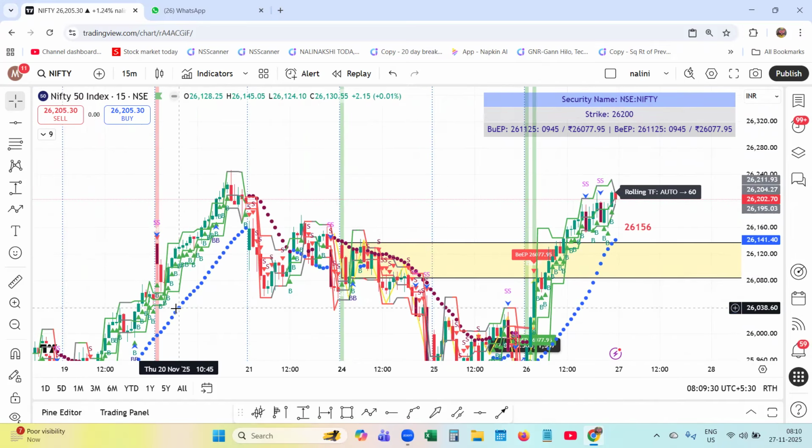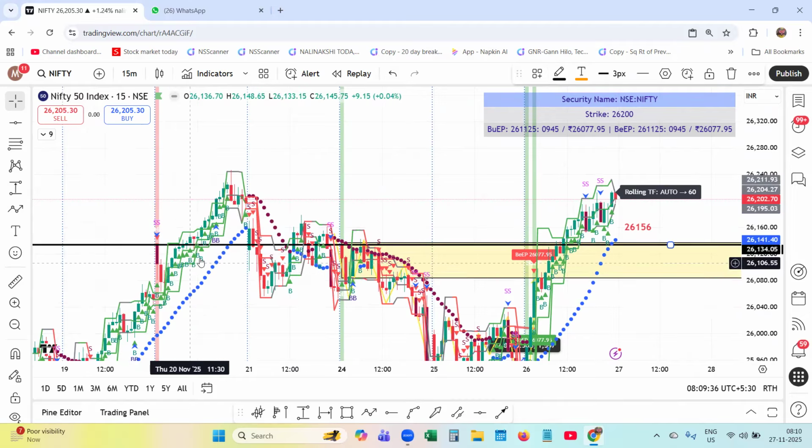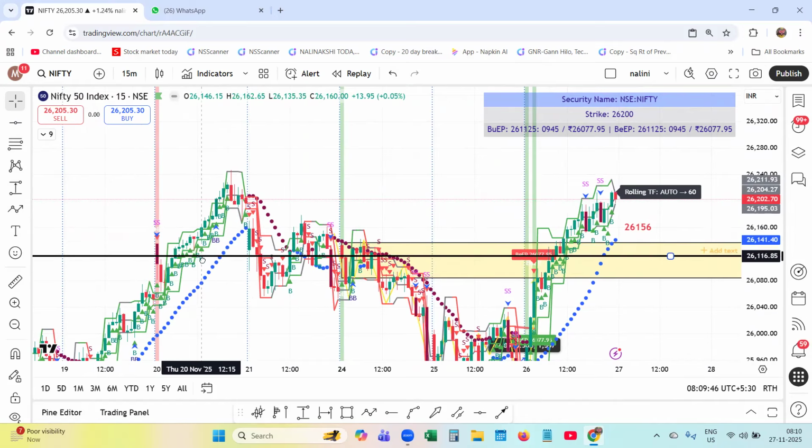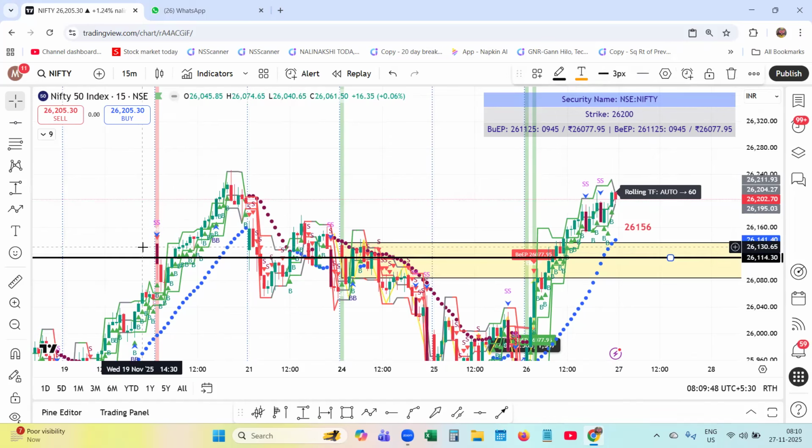Probably you can understand here the EP was formed, both buy and sell EP were formed on this day, but the market tried to move higher. That is the beauty of this. These are the reference reaction points when the market goes.